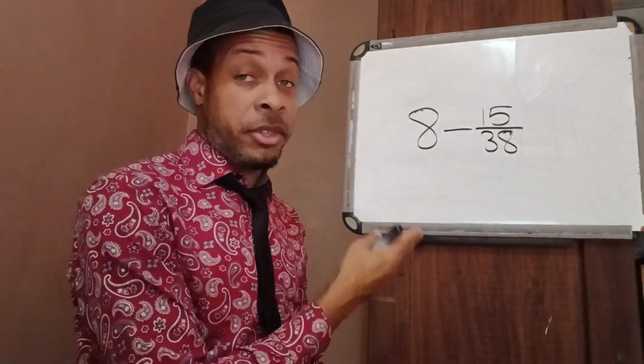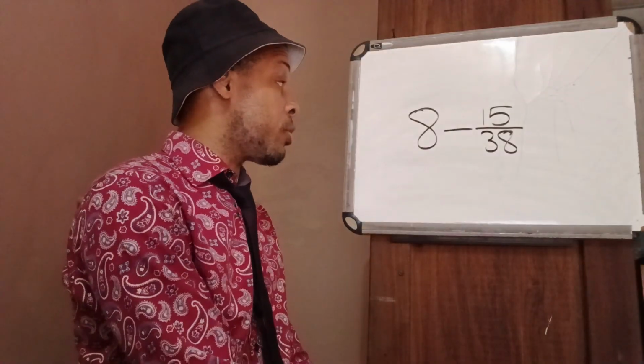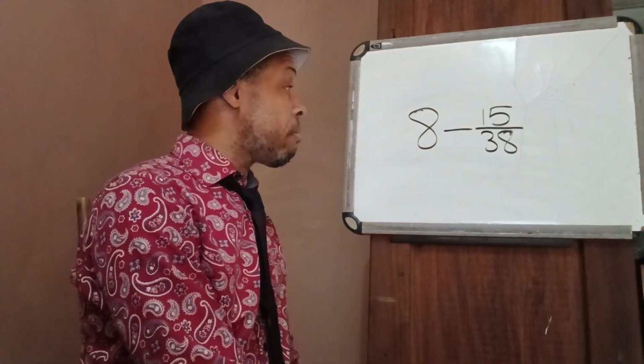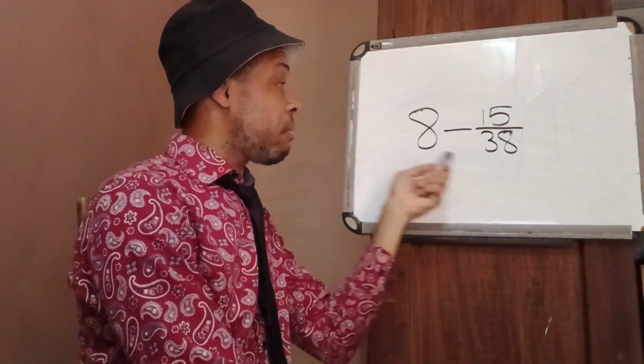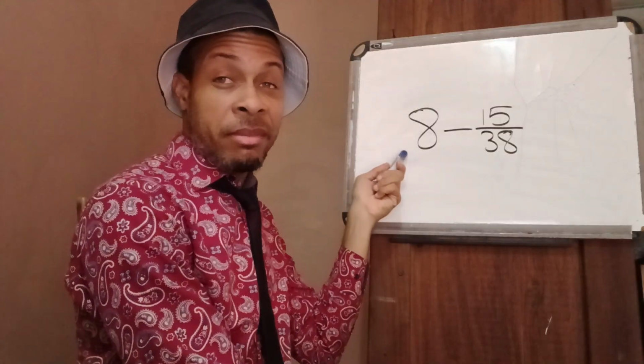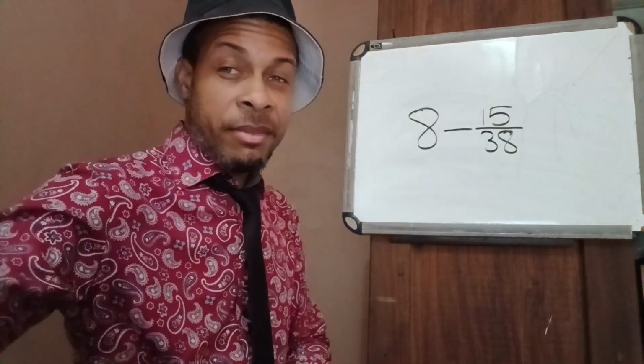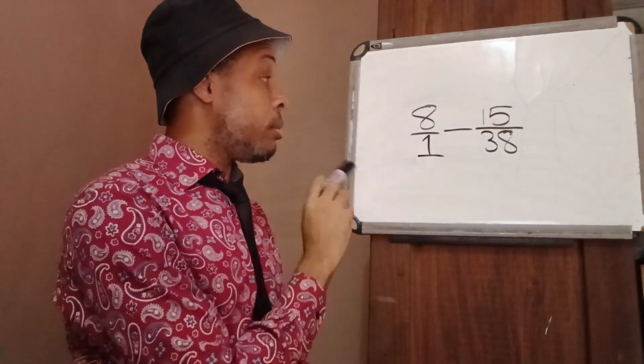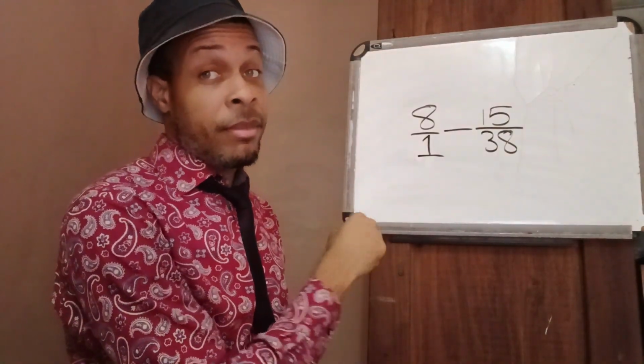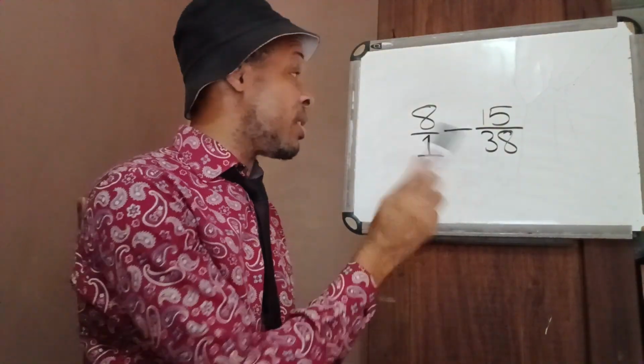Alright, so it doesn't just work for time, it works for fractions too. Right? What would I do with this? See? 8 used to be just 8, but now it's 8 over 1.